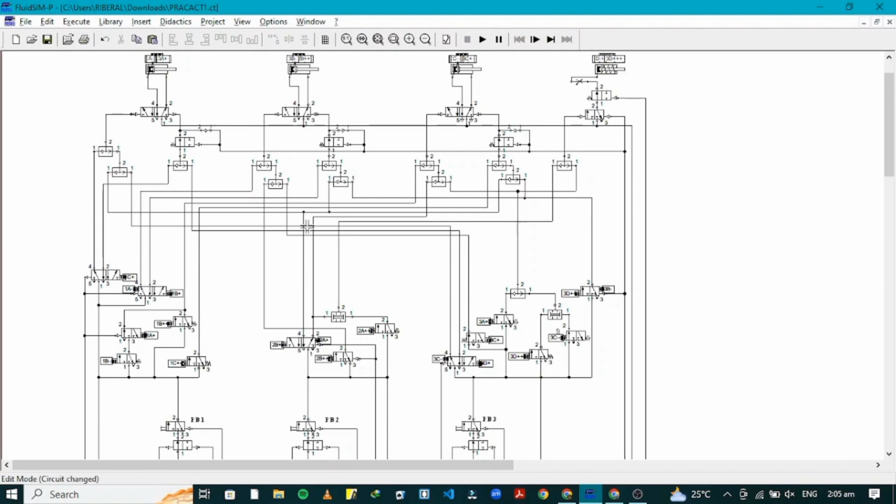This connection is connected to the actuation side of A and the retraction sides of B and C. And the air supply will push the valves according to their pneumatic connections, hence enabling the sequence to happen.